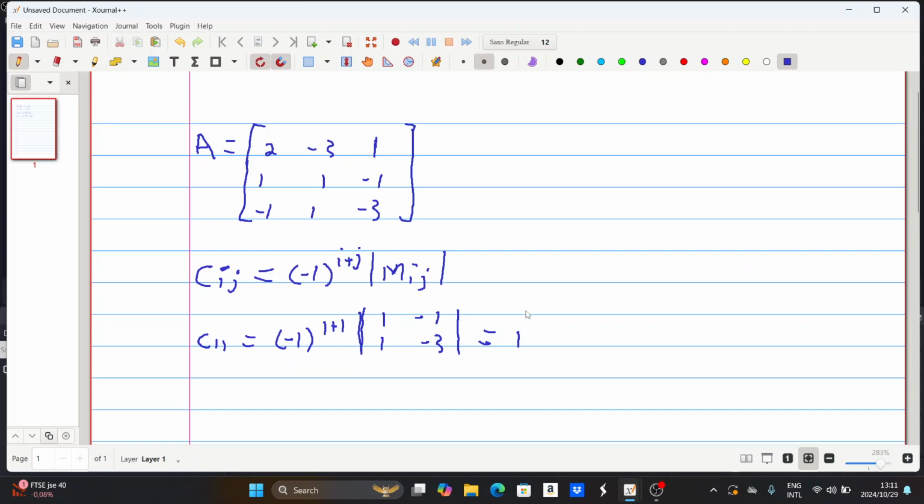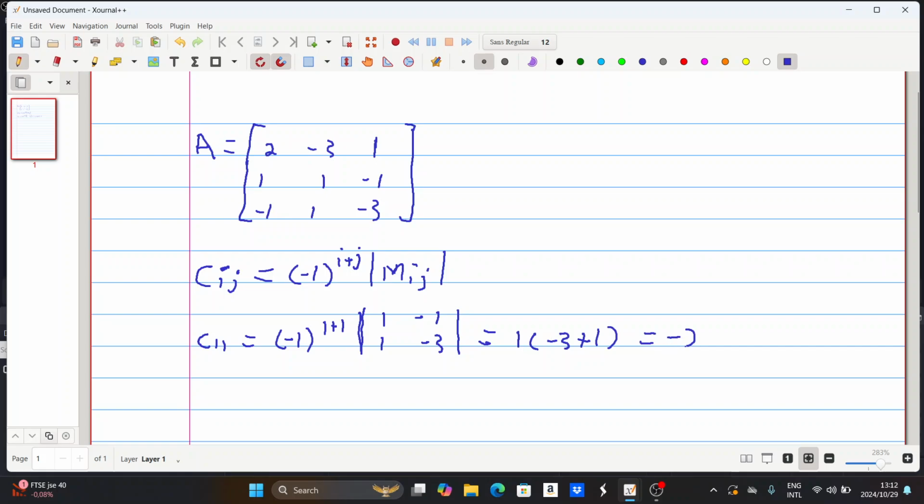Then we multiply by the determinant of this: -3 times 1 is -3, and then 1 times -1 is -1, and then another -1, so it's plus 1. -3 plus 1 is -2, times 1.